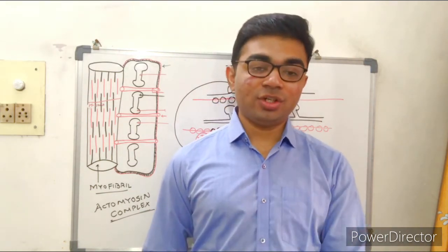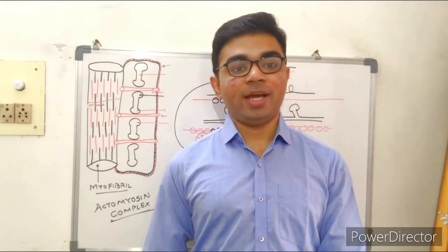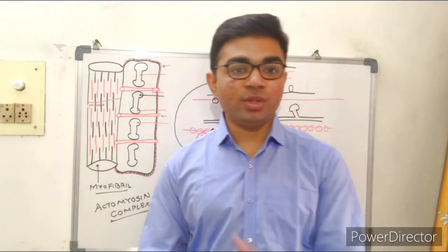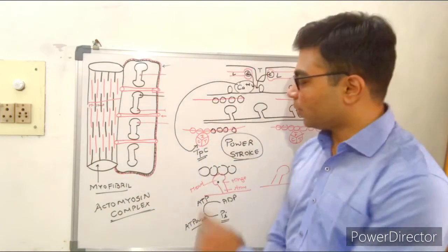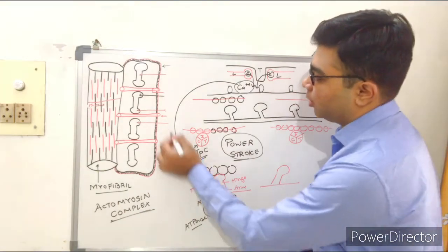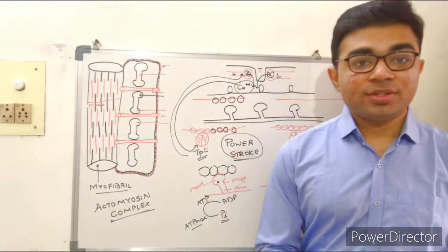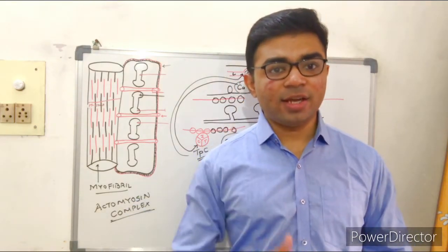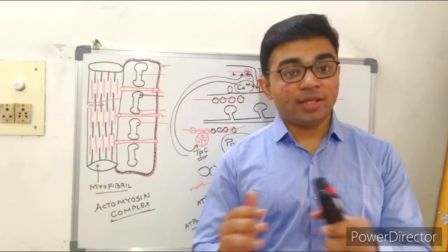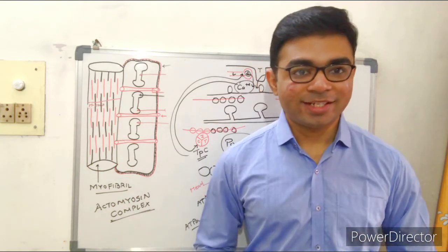For the relaxation, calcium ions are going to detach from the troponin, and those calcium ions are again pumped back into the cisternae of the L-tubule. So the calcium ions from here are going back towards the cisternae, and there is less calcium ion concentration in the sarcoplasm, and this is going for the relaxation state.